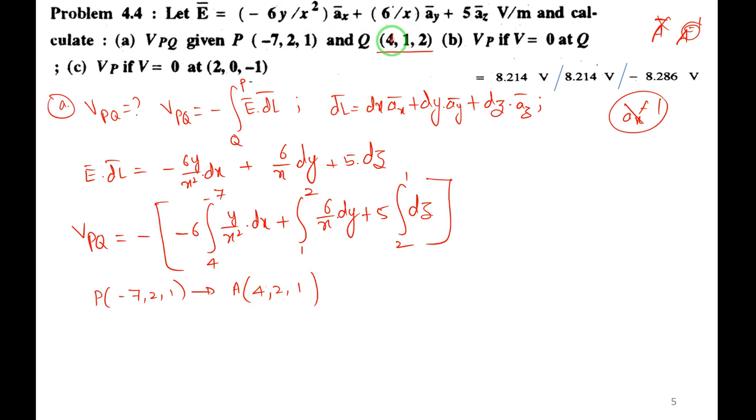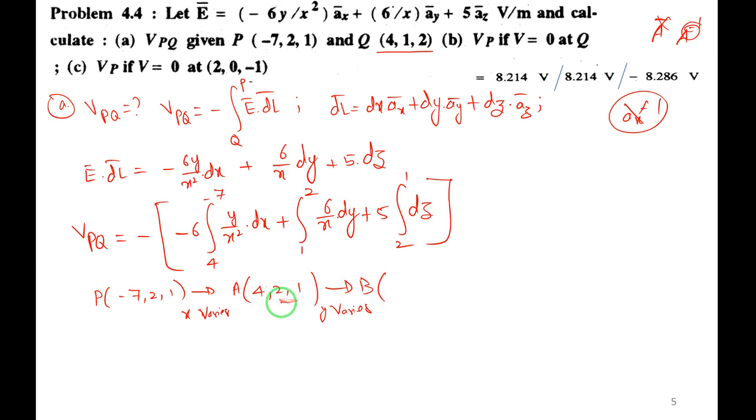I will only vary the x, minus 7 to 4, but I will keep the other two coordinates fixed. Next, I will take B, where x varies. I am writing x is varying. Next, A to B, y varies. y is varying here, right? Let me take y varies. Observe here, y is 2 here, it should vary, right?